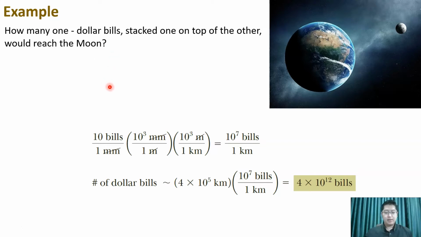Now we estimate that 10 stacked bills form a layer of 1 millimeter, and then we convert millimeter to kilometer, and then we multiply this value by the approximate lunar distance, which is 4 times 10 to the power of 5 kilometer, multiply with the number of bills per kilometer, which is 10 to the power of 7 over 1 kilometer. So you need to have 4 times 10 to the power of 12 bills in order to build the bridge using the dollar bills from the earth to the moon.